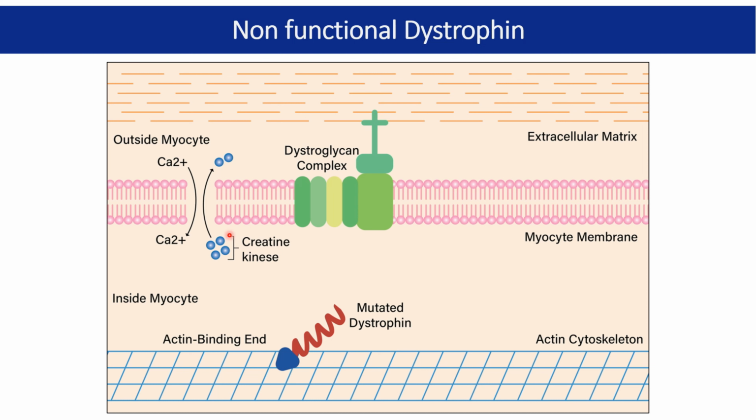Another important molecule that diffuses through these breaks or rips is creatine kinase, which leaks out of the cell and goes into the bloodstream. Usually in these patients, a high level of creatine kinase is found in their blood, and this is one of the diagnostic tests used for identifying such a condition.